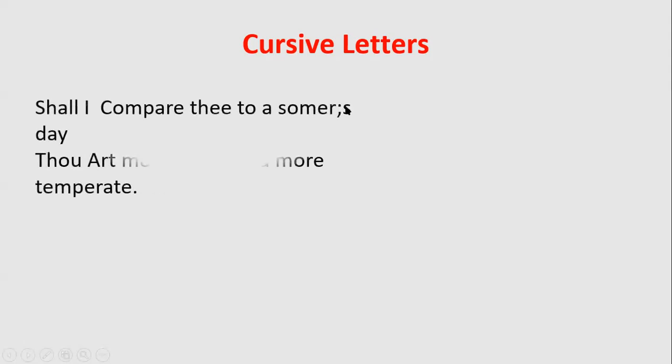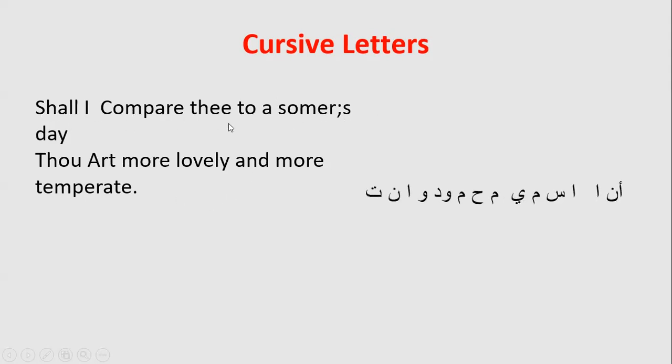Number 2: cursive letters. Arabic is a cursive letter language. What do we mean by this? We mean that Arabic has joined letters. So this is a text. As you can see in English, every letter is alone, and also here every letter is alone.